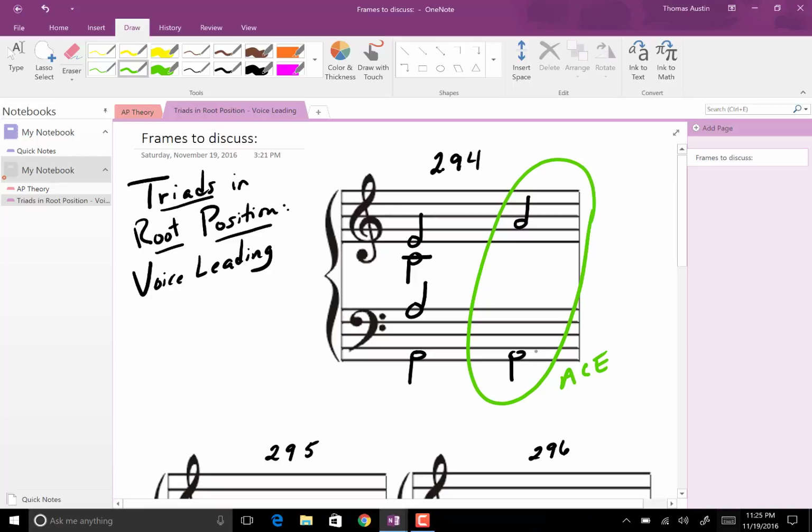So let's see, here's our root, and the root is doubled in the soprano voice. So we need a third, which would be the C, and we need the fifth, which would be the E. So supposing I put the C in the alto and the E in the tenor, would that work?